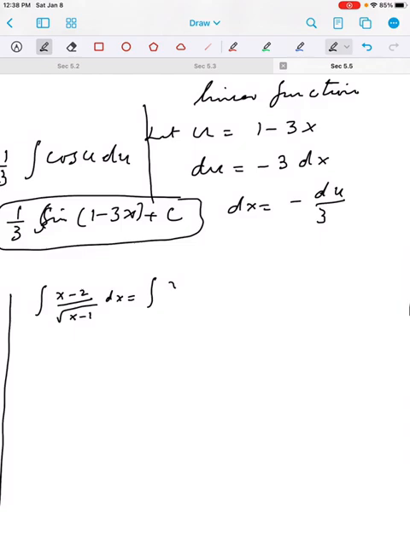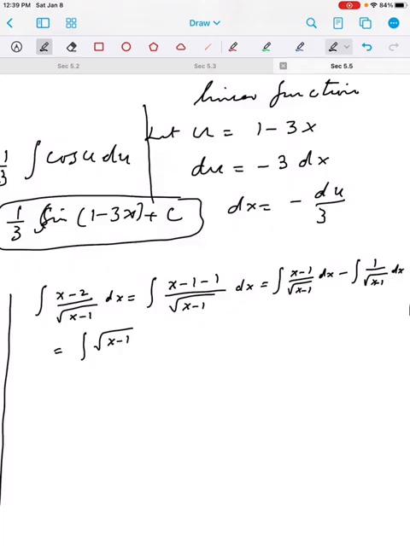So we are going to split the numerator as x minus 1 over square root of x minus 1, which can be written as the integral of x minus 1 over square root of x minus 1 minus the integral of 1 over square root of x minus 1. So the first one gives us square root of x minus 1, and the second gives us 1 over square root of x minus 1.